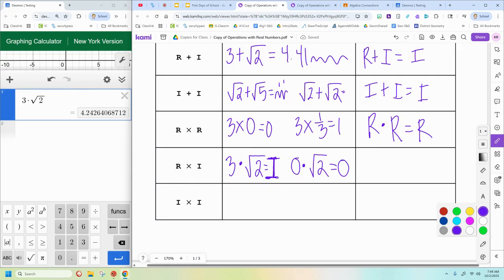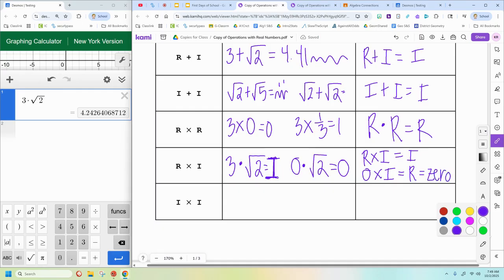Sometimes when you do rational times irrational, and really it's all the time, you get irrational, except when you do 0 times irrational. The only time it's going to fall apart is if R, that's a rational, equals 0.